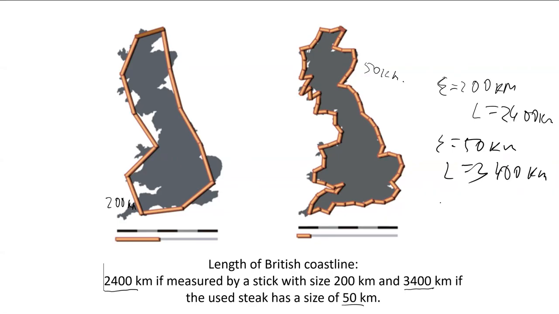And what is claimed here is that as epsilon tends to 0, L tends to infinity, because there will be smaller and smaller details of the coastline to be taken into account, and mathematically this can increase the length of the coastline to infinity.